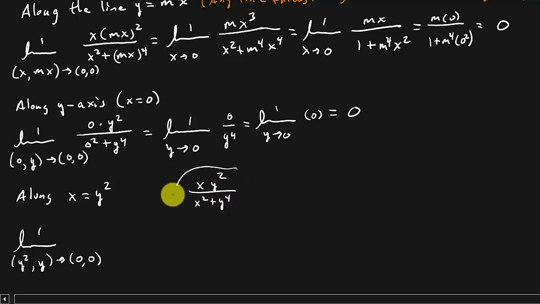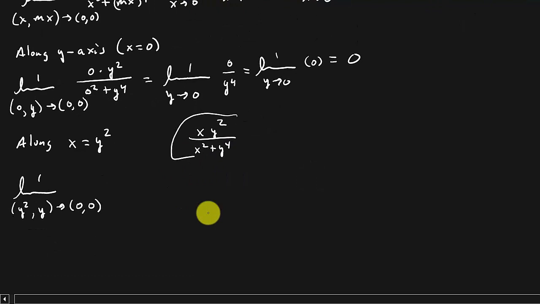I just wrote this down again, so we can look at it when we're plugging everything in. In the place of x, I'm putting y squared. So y squared times y squared over y squared squared plus y to the fourth.